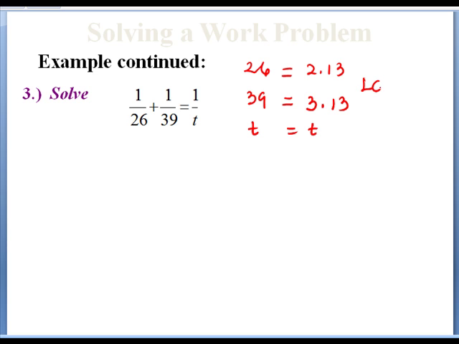So the LCD would be 2 times 3 times 13 times t, which is equal to 78t. Now we're going to take the LCD and multiply it to the whole equation.